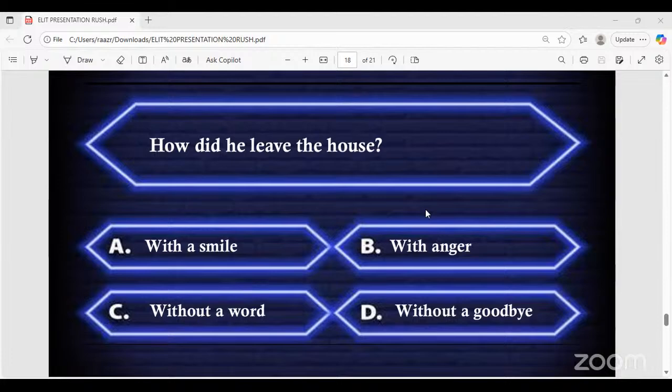Okay, let's see who told the correct answer. Okay, C is the answer, without a word. Yeah, C is the answer.